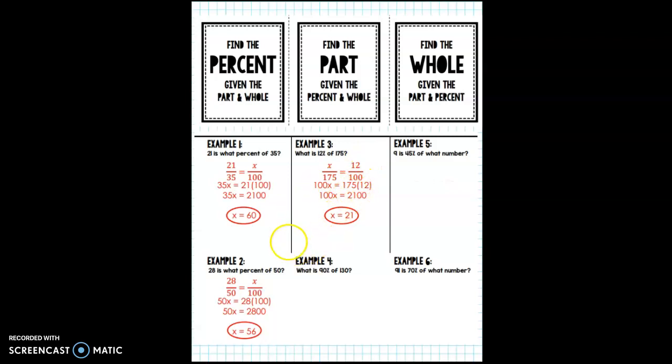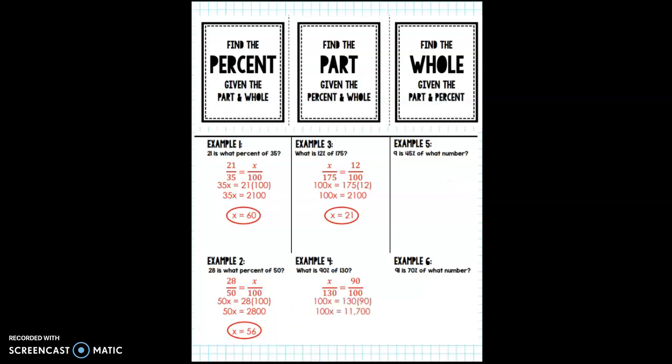The next example, 90% of 130. Again, we're looking for our part, that's our x. We know 130 is the whole. 90 is our percent, and percents are always out of 100. Multiplying across, 100x equals 130 times 90.